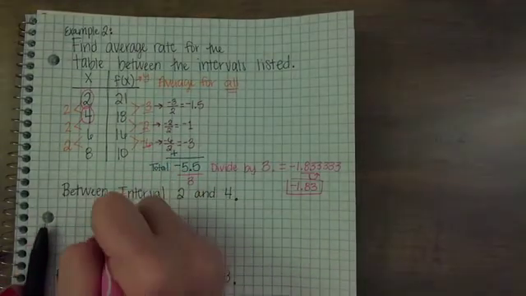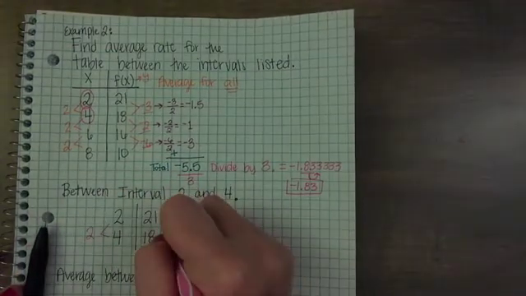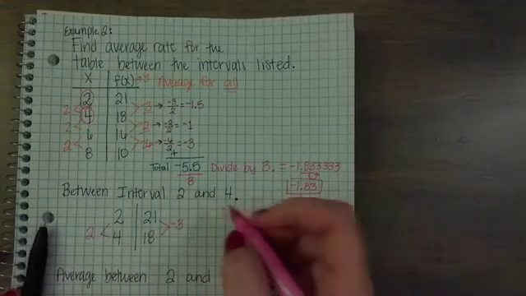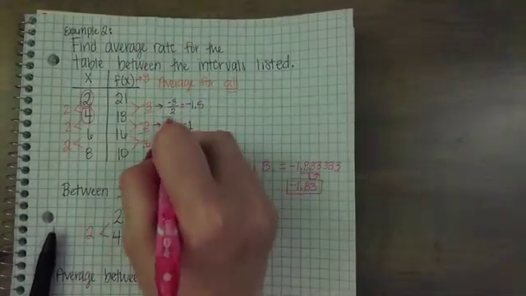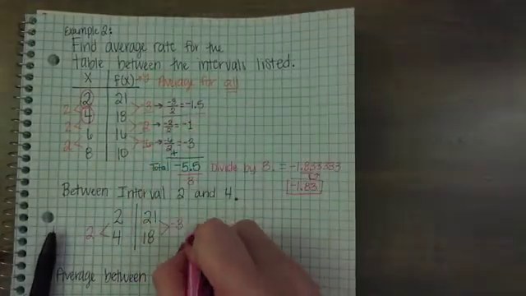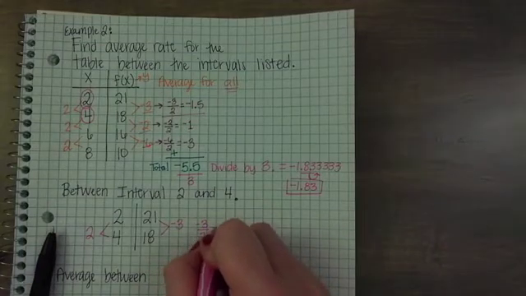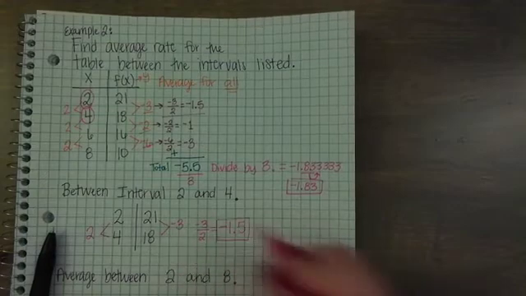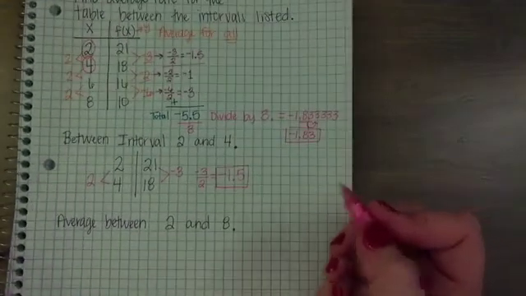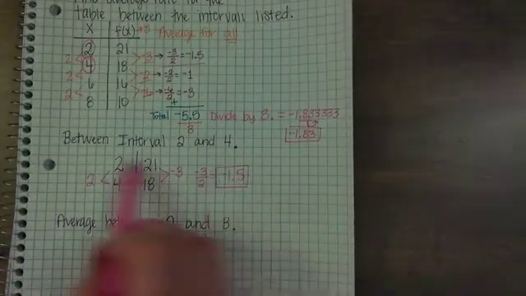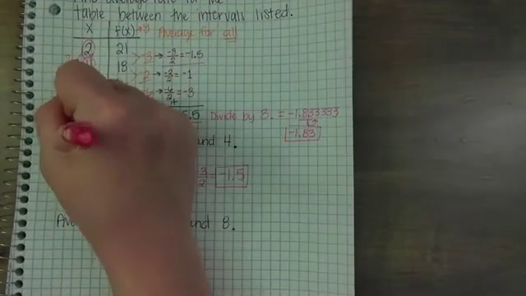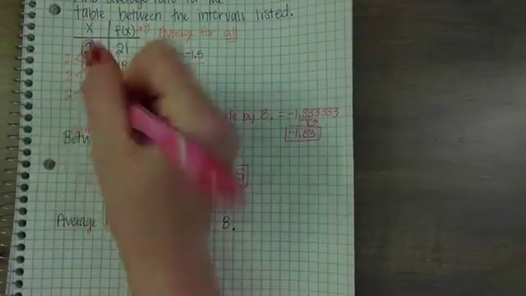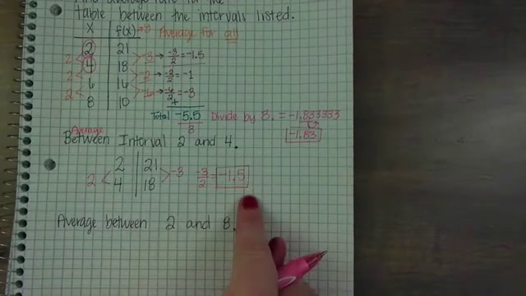So we know x changed by 2, y changed by -3. We've actually already found it. It's right there. So it's -3 over 2, which equaled -1.5. So that is our average. Sorry, I didn't write that out all the way. Average between the interval 2 and 4.